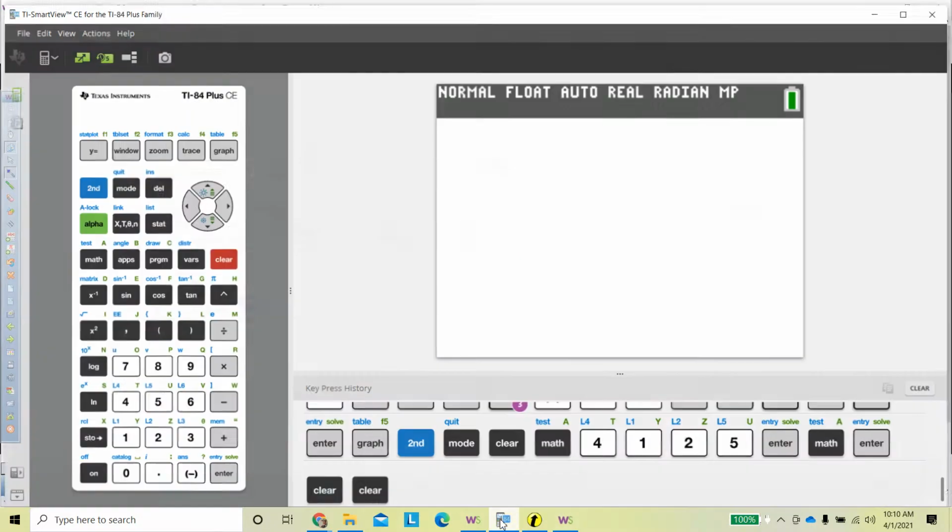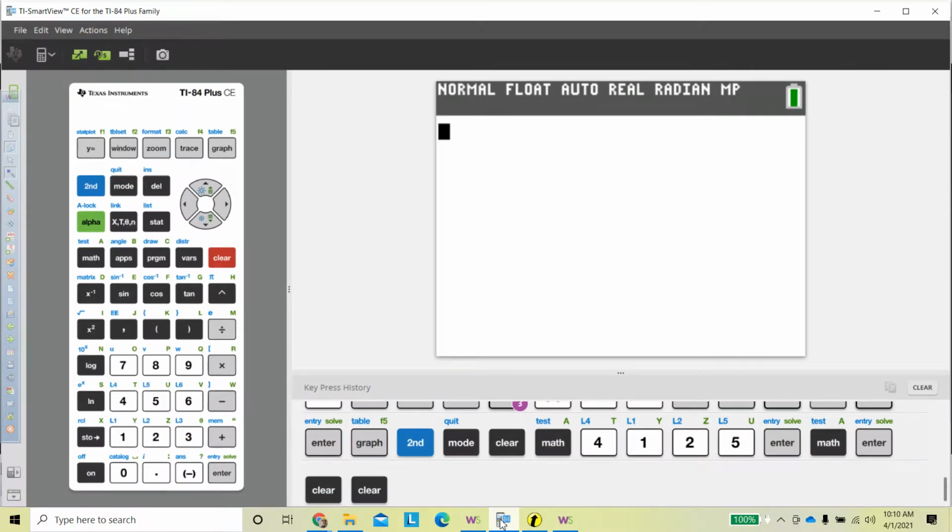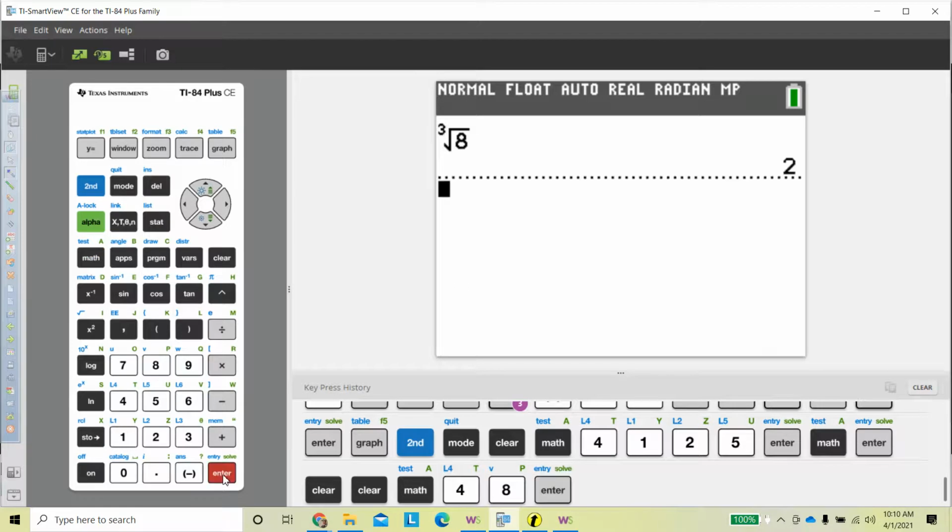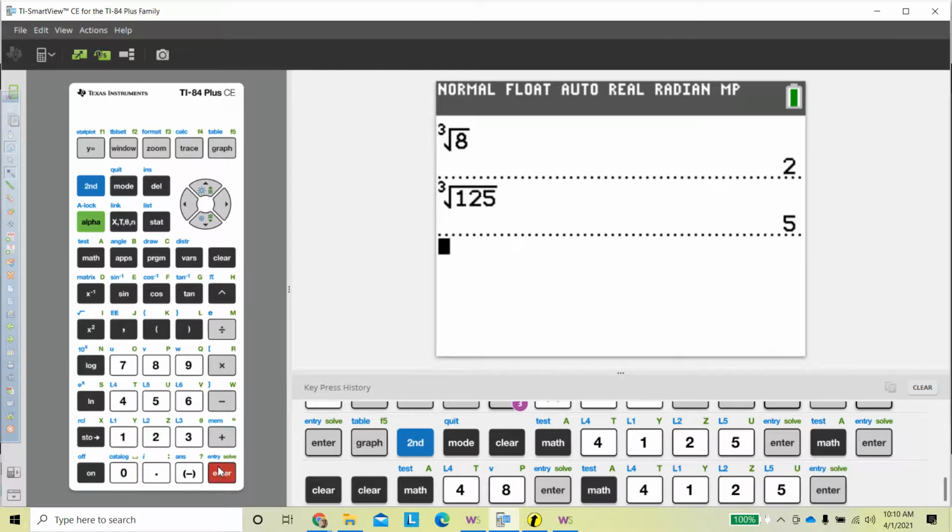In the calculator, you should bust yours out. To do cube root of 8, we're going to hit math. And you see number 4 there is the little cube root. So math number 4. And then you just put an 8 in there and hit enter. Right, so if I want to do cube root of 125, I go math 4, 125, enter. Right, so that's how you do it, just math number 4.